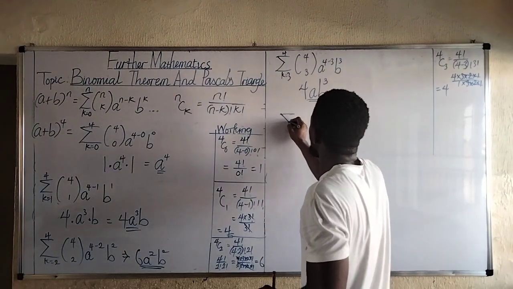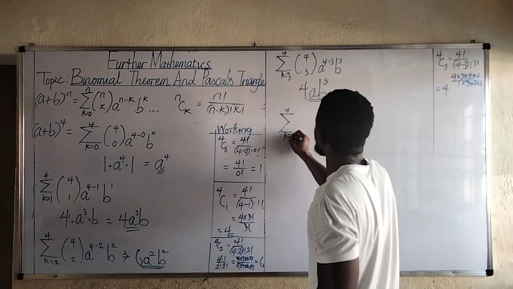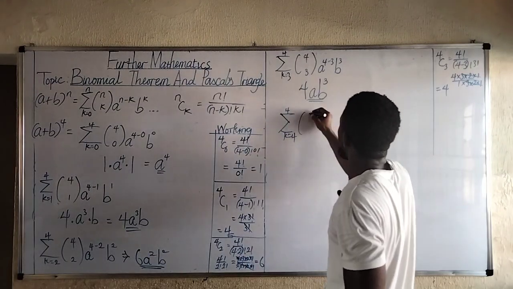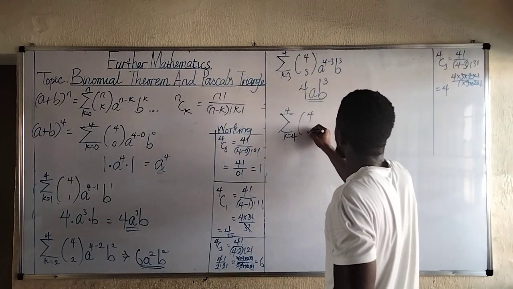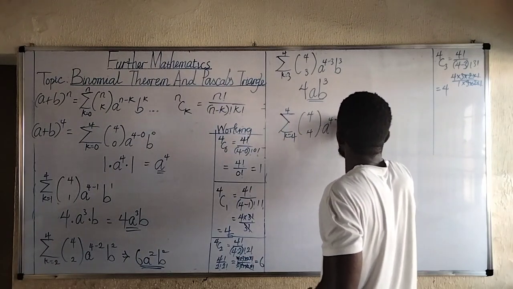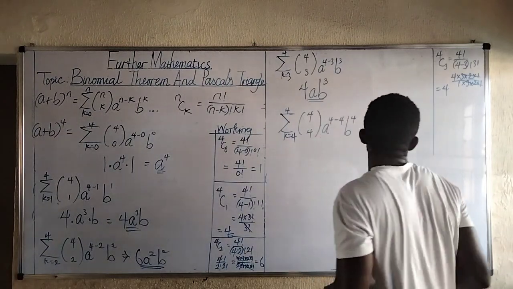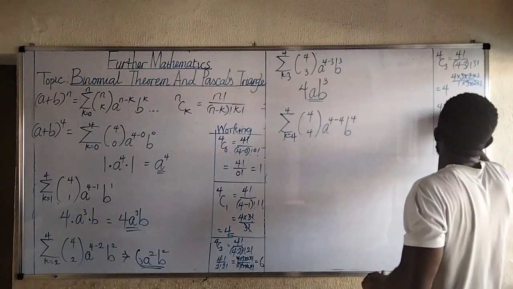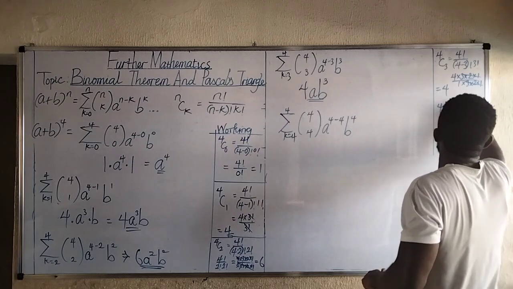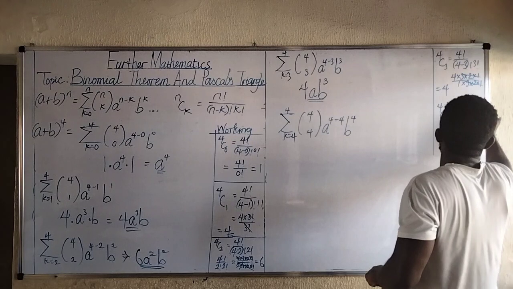So let us also get the value of k equal to 4. When k is equal to 4, we have 4 combination 4, a raised to power 4 minus 4, b raised to power 4. 4 combination 4, let's see what that will be. 4 factorial over (4 minus 4) factorial, 4 factorial.